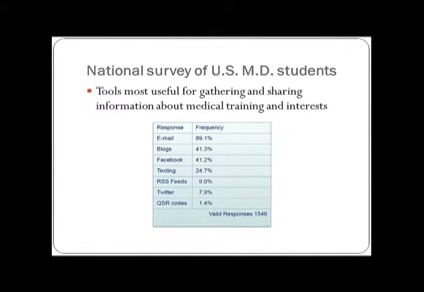Less than half of them prefer this route of delivering information. Texting and syndication feeds and Twitter is definitely all the way down. So if you're considering experimenting, reaching out to potential medical students or to current medical students, Twitter probably is not the way to go.